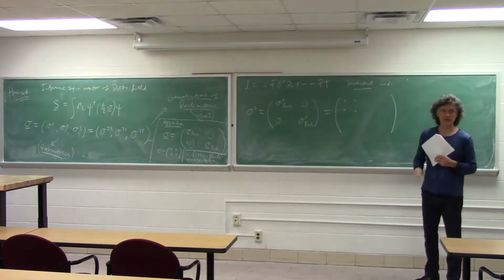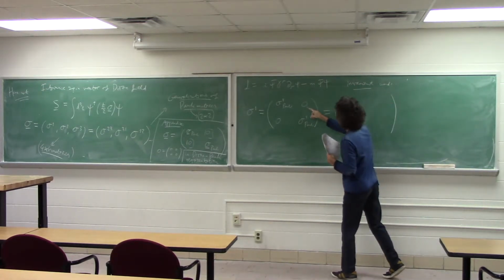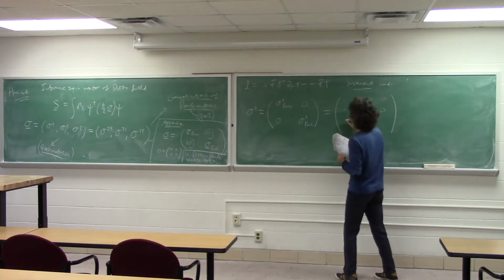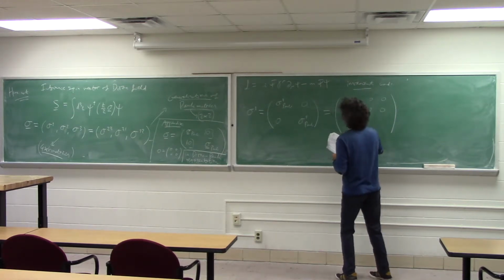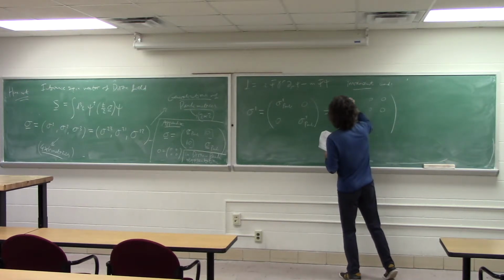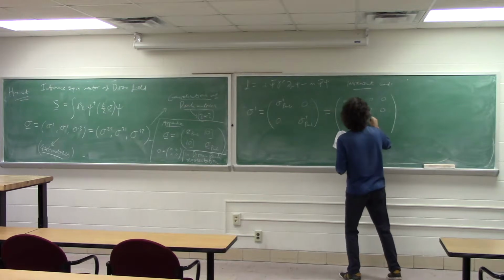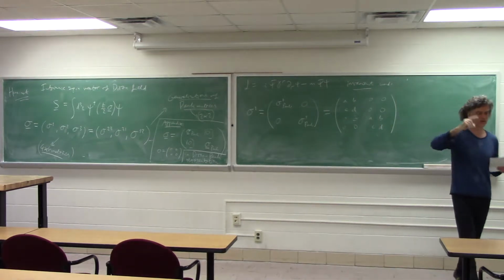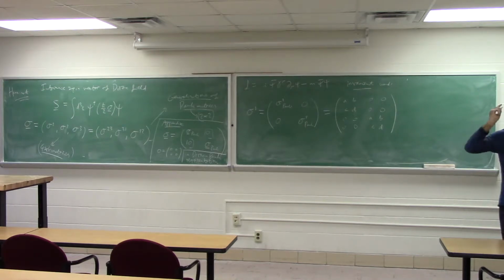Okay, I don't know what the entries are. The 0 here, what I mean is 0, 0, 0, 0. Here's 0, 0, 0, 0, and again the sigma 1 Cowley. Let's call these A, B, C, and D. I don't remember, there's a 0, there's a 1 and a minus 1, and I never remember what it is.